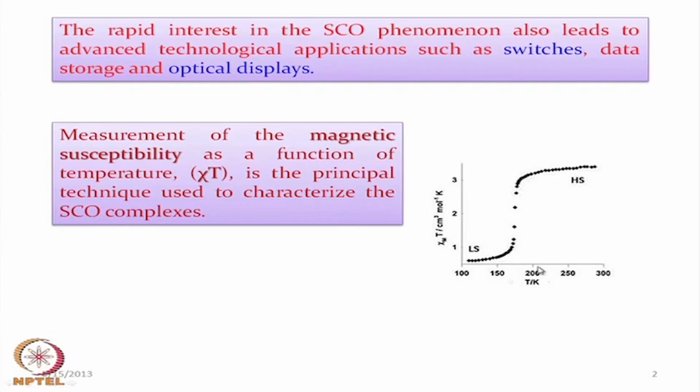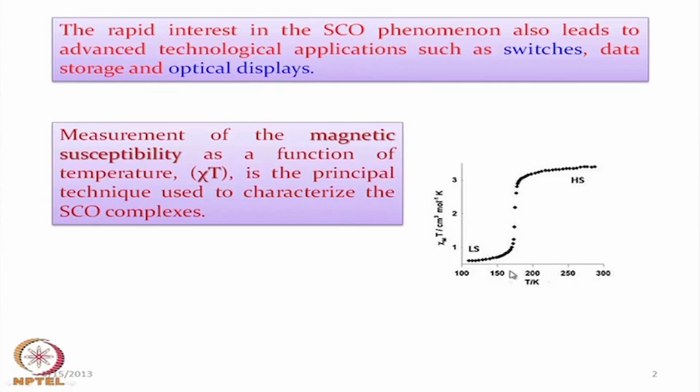As we cross 200 Kelvin, there is a marginal change in the magnetic moment value, which means the magnetic moment value at the high spin state has been saturated. So, this temperature range of 170 to 180 Kelvin is the typical range for the corresponding spin transition.